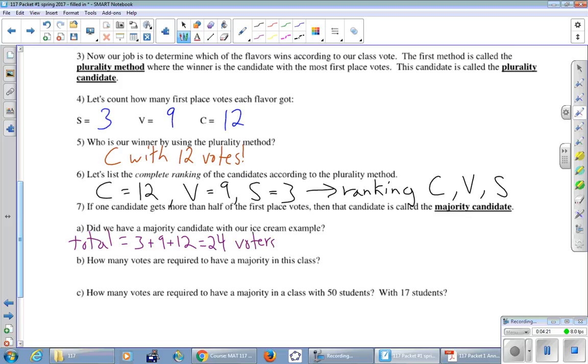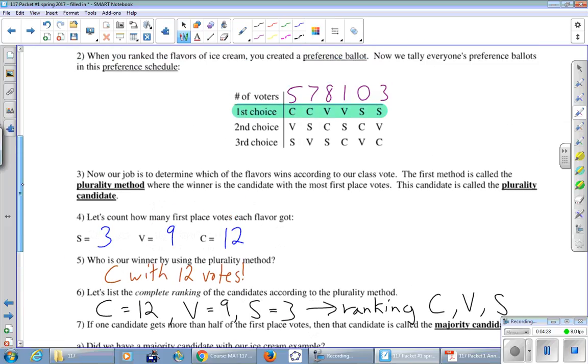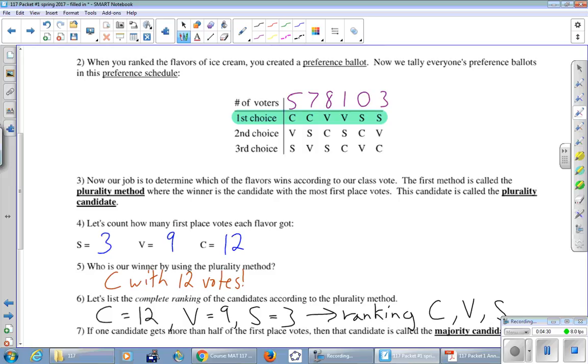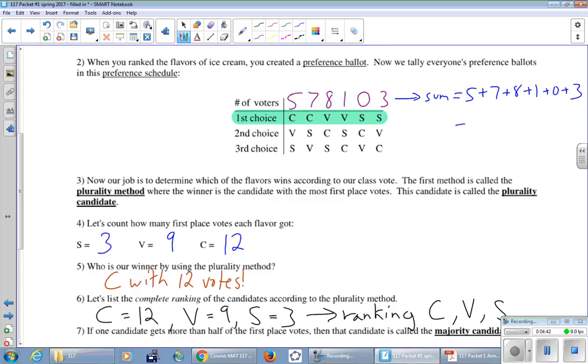And actually, there's a way to get that number just from the preference schedule, even if we haven't calculated the plurality method yet. And so coming up here, I could have done it right here by calculating the sum. 5 plus 7 plus 8 plus 1 plus 0 plus 3. We should not be surprised to get 24 there as well. Okay, so 24 voters altogether.